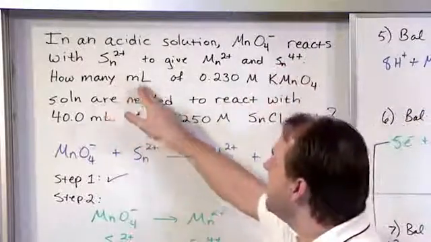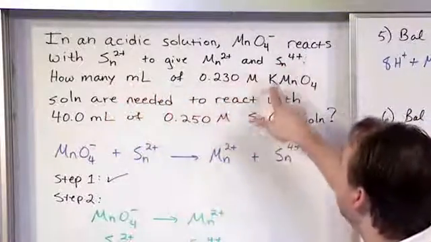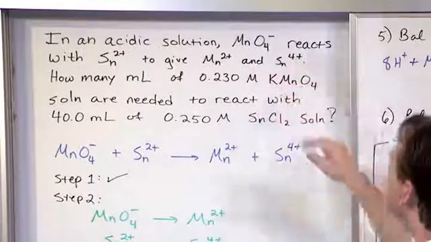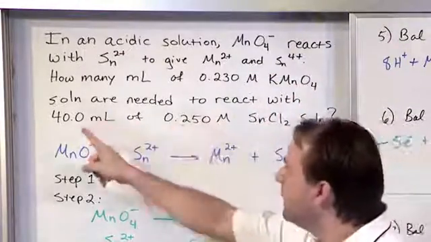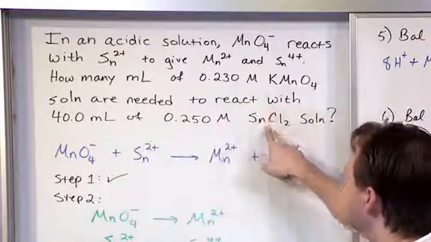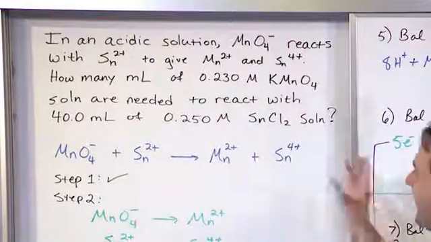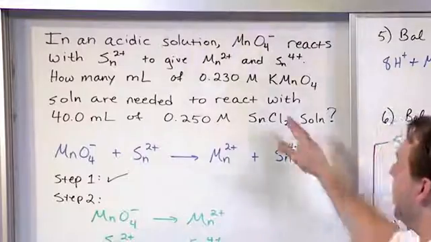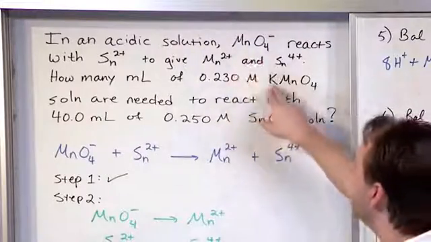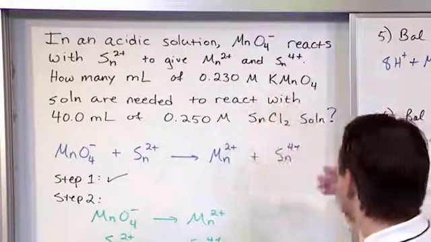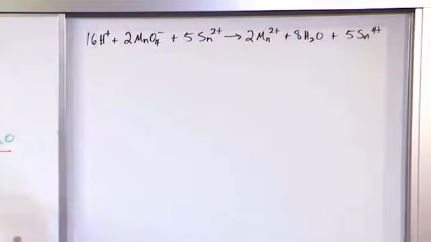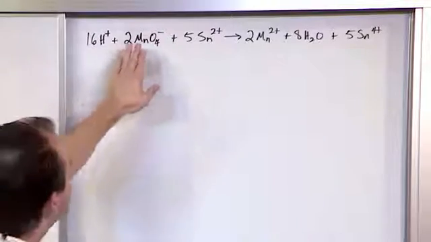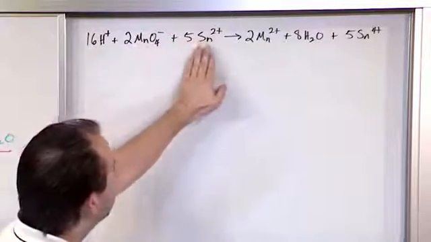Now it says how many milliliters of whatever this concentration is, potassium permanganate solution are needed to react with 40 milliliters of this concentration tin chloride. So what I really want you to keep in your brain is it's giving you some information about potassium permanganate and tin chloride. On the left-hand side here, I have permanganate and I have tin.